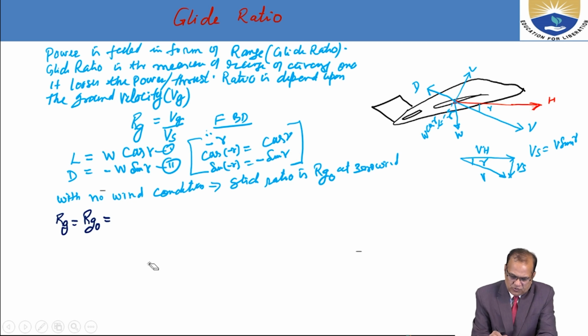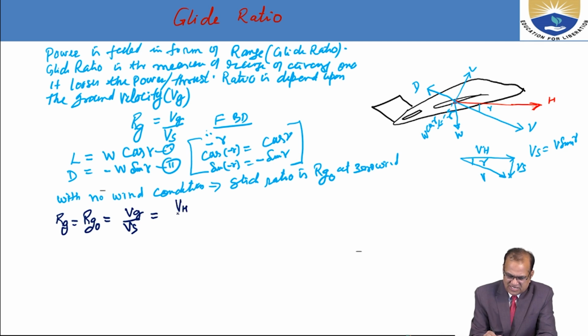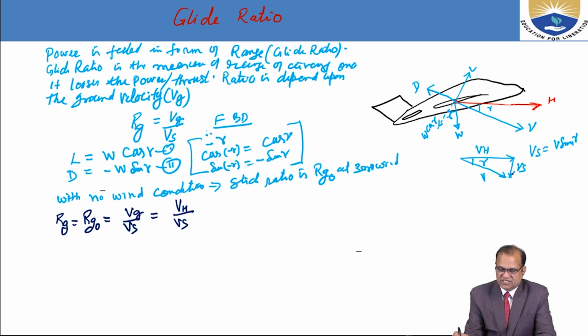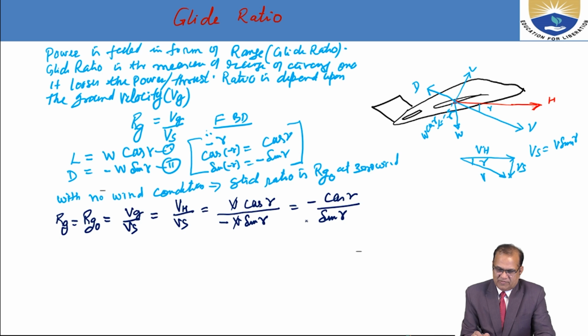So Rg naught is equal to Vg divided by Vs. Here Vg is equal to Vh, ground speed is equal to Vh. So Vh divided by Vs, this is horizontal and this is the vertical. The horizontal we can write as V cos gamma, and here it is minus V sine gamma. So V is cancelled, giving minus cos gamma divided by sine gamma.